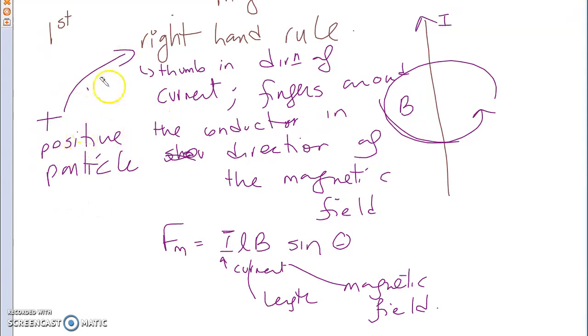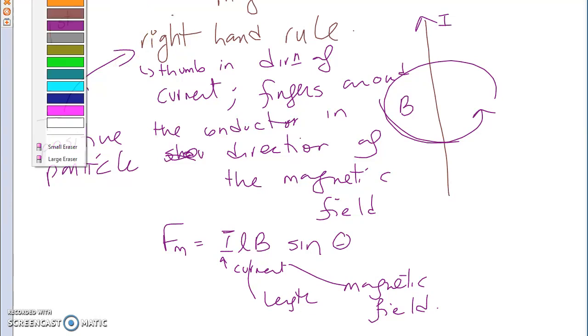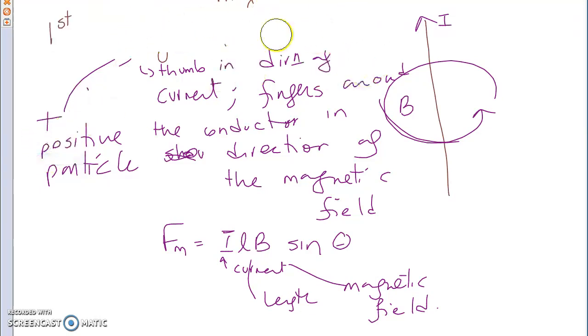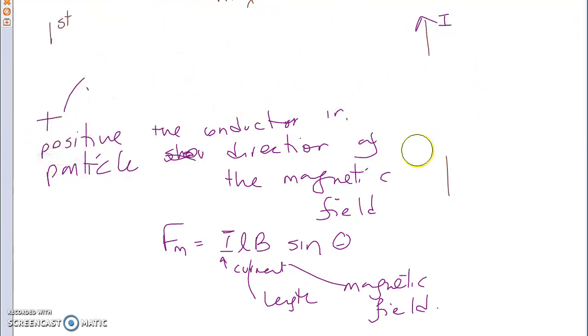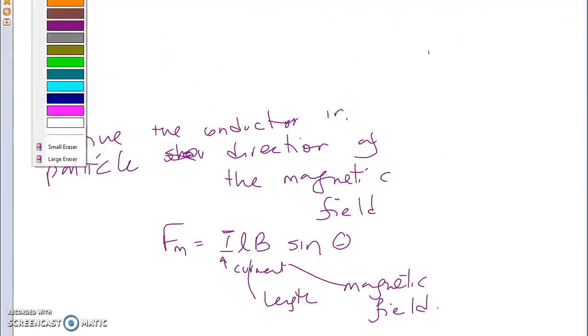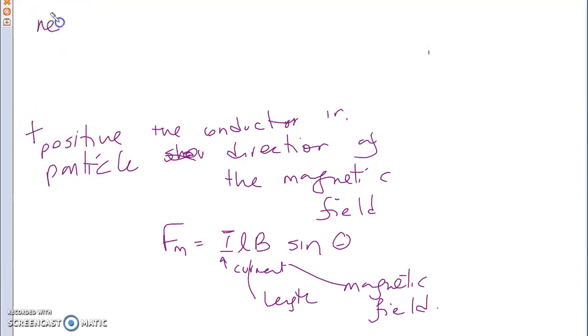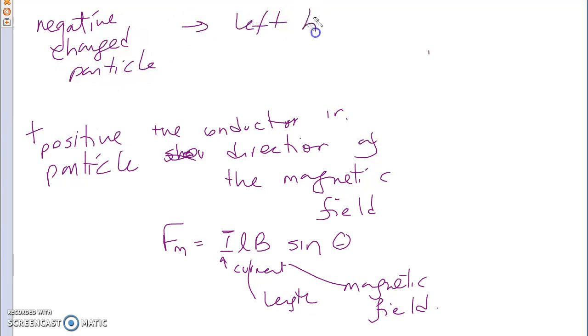If it is a negative charged particle, then we use the left hand rule. So positive charged particle, right hand rule; negative charged particle, left hand rule. Okay, my formula for charged particles is Fm equals QVB sine theta.